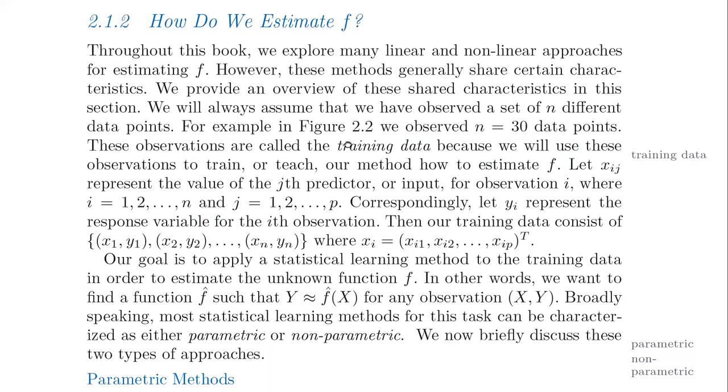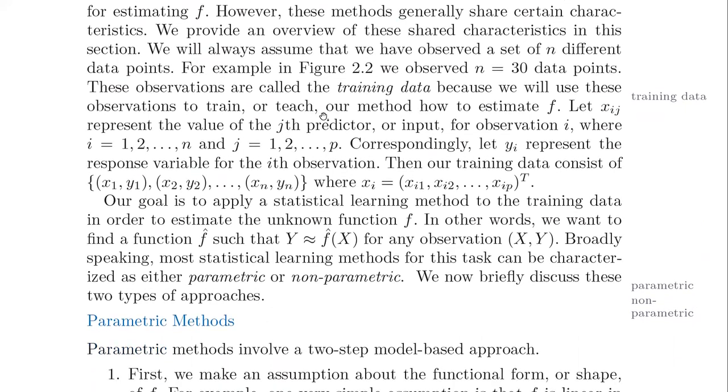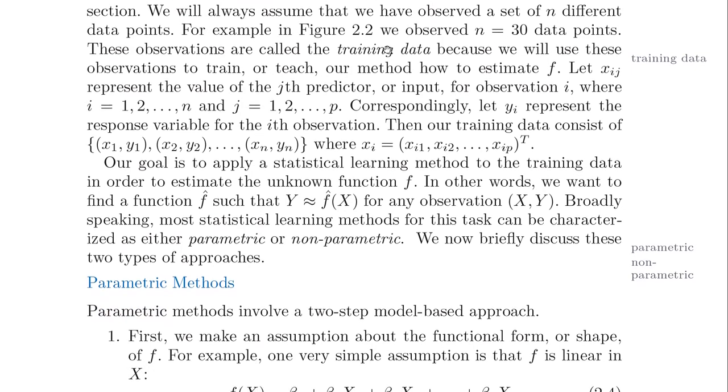Okay, now how do we estimate F? Throughout this book, we explore many linear and nonlinear approaches for estimating F. However, these methods generally share certain characteristics. We provide an overview of these shared characteristics in this section. We will always assume that we have observed a set of n different data points.